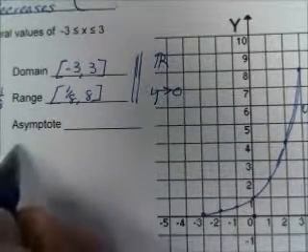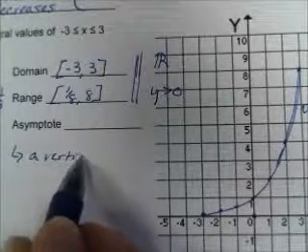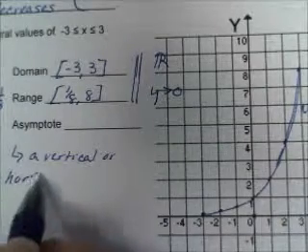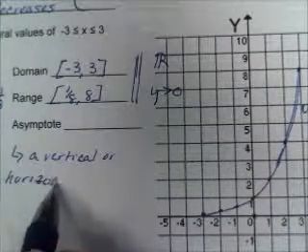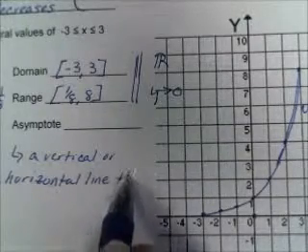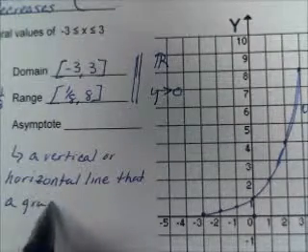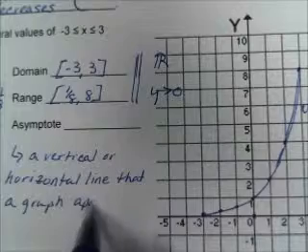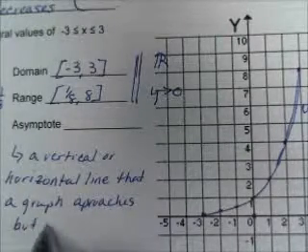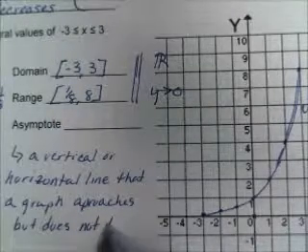It's a vertical or horizontal line that a graph approaches but does not touch or cross.